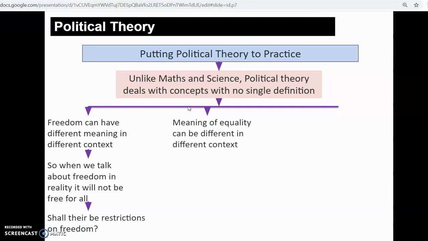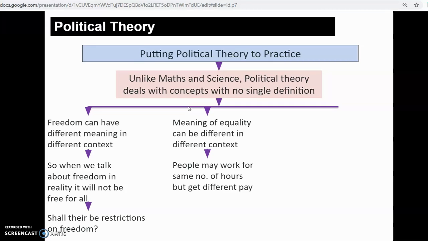Now, if we talk about the idea of equality, for most of us, the idea of equality means equality before law and equal protection of law. But if we consider it at a more minute level, then we figure out that in most instances of day-to-day functioning, the idea of equality is not followed per se.